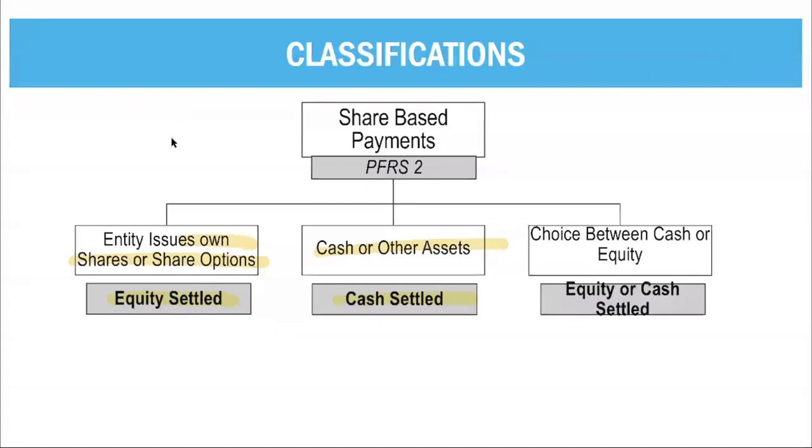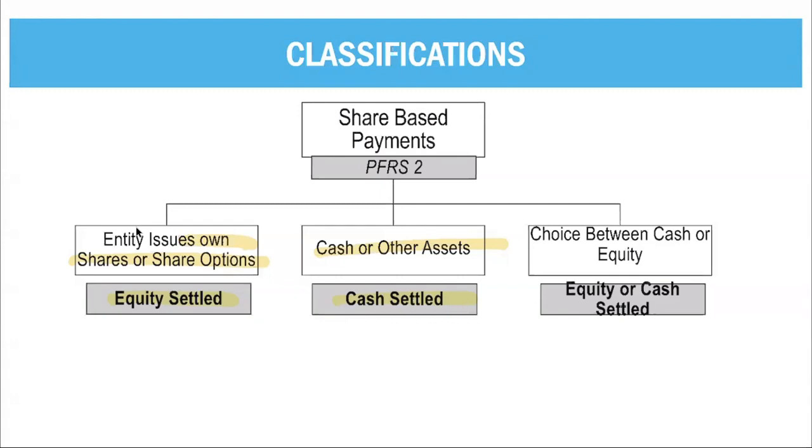So you already know that if it is equity settled, it means that the entity issues equity instruments in consideration for services received, such as stock options, as we have said a while back. For cash settled, the entity incurs a liability for the services received or goods that have been received. So the liability here is based on the entity's equity instruments.